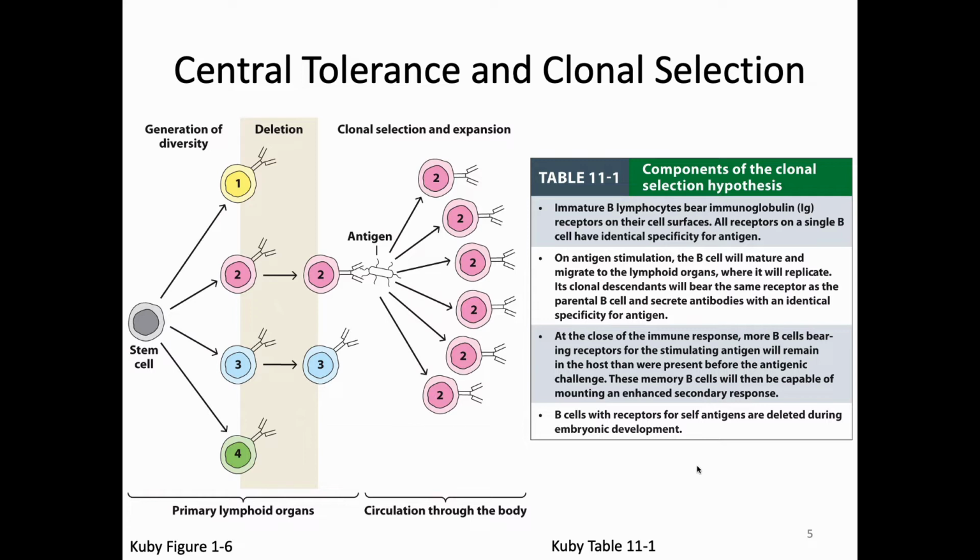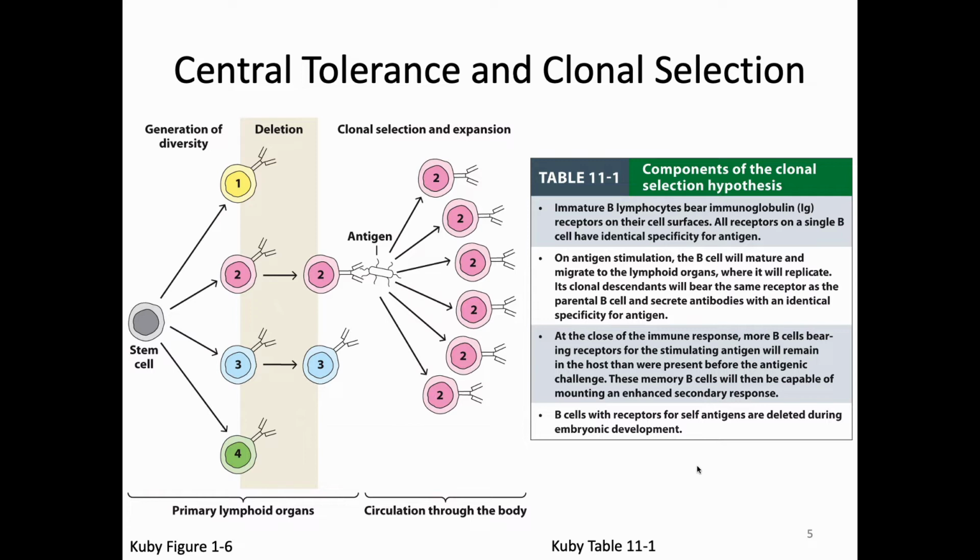But great question. All right, so we started to understand the central tolerance process with a number of different experiments. And what was discovered in these experiments is that in the case of B cells, I said that very specifically, in the case of B cells, there are three things that can happen if a B cell is autoreactive.